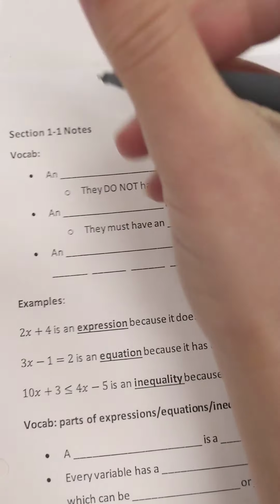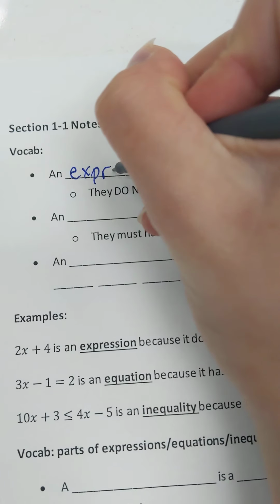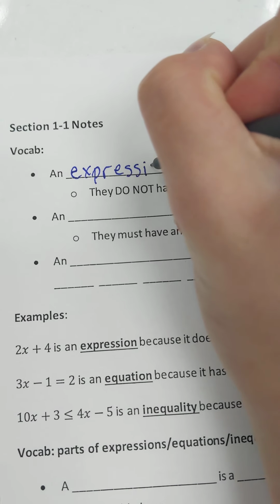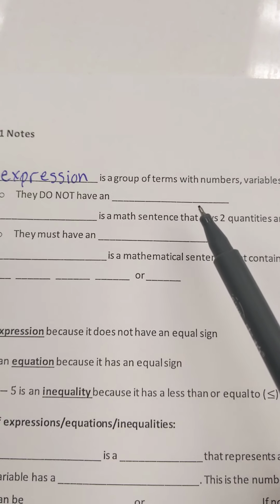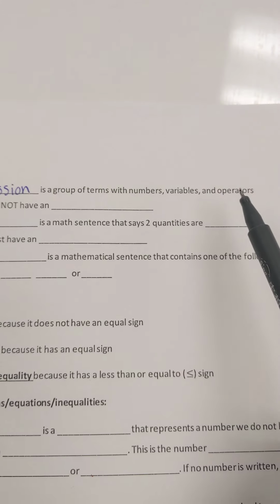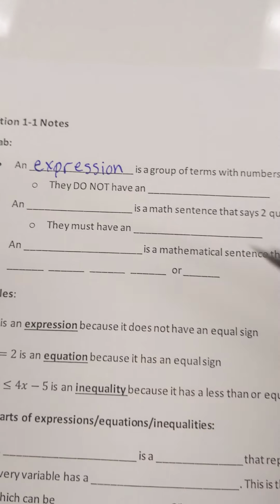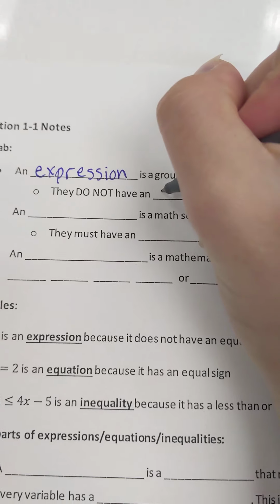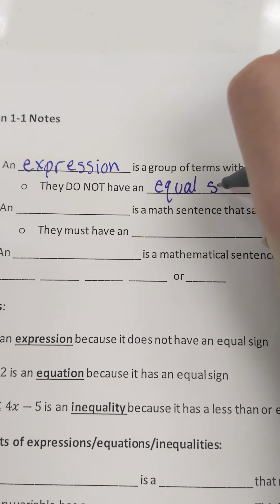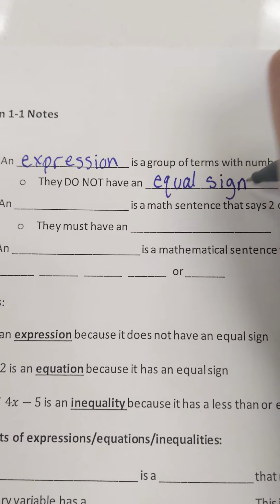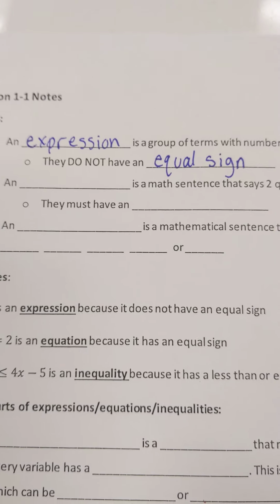So, an expression is a group of terms with numbers, variables, and operators. They do not have an equal sign. So an expression doesn't have an equal sign in it.